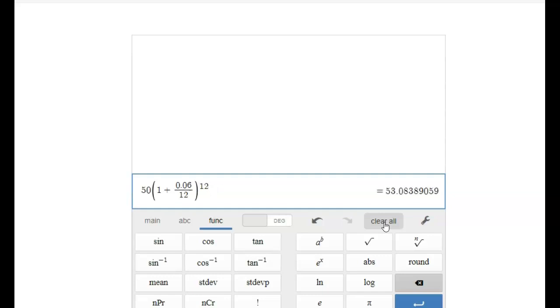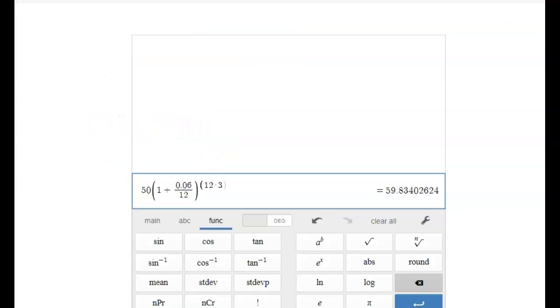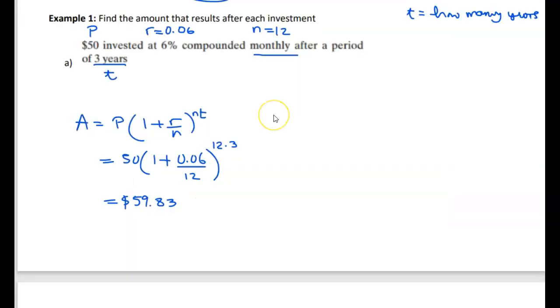Make sure the 12 times 3 is in the exponent, so maybe you need to use parentheses, or just do 12 times 3 in your head. There you go, you get $59.83. Make sure that I wrote things down. So after 3 years, that's how much money you have in the account.